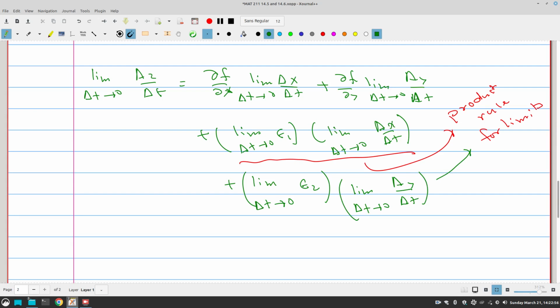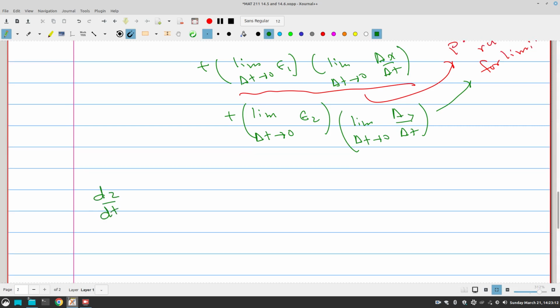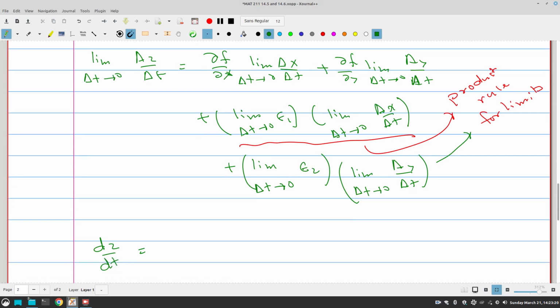Okay, so remember what happens here. The left hand side is by definition dz over dt, and this is by definition df over dx times dx over dt, the total derivative of x with respect to t, and the second term is of course by definition dy over dt.